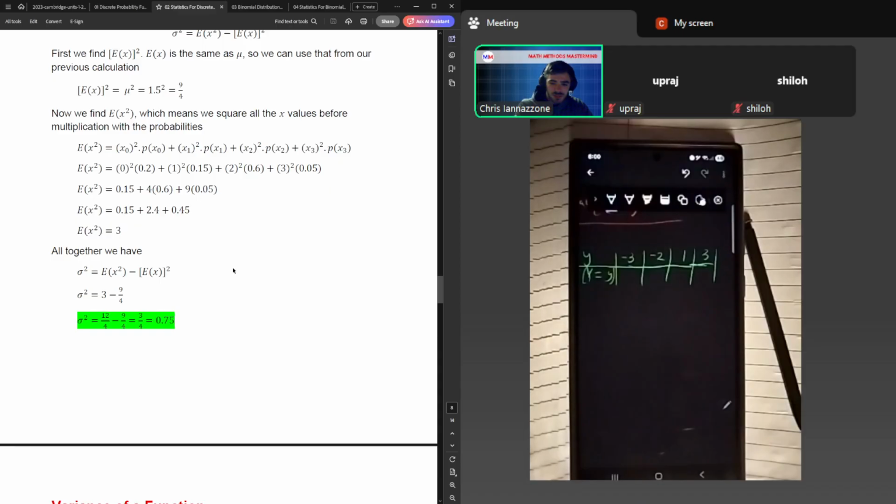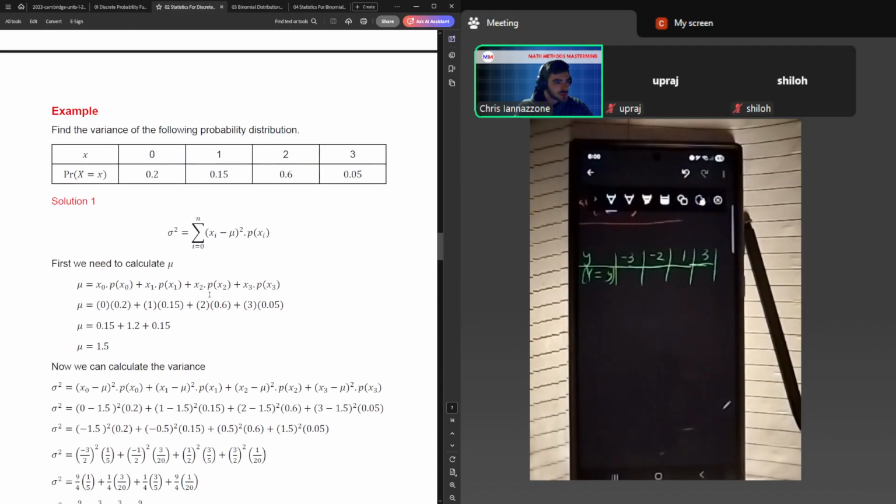Now, what this actually means, this is what's called the variance, which means it's a measure of spread, how spread out your probabilities are. This kind of probability distribution would have low variance. And the reason why is because a lot of the probability is condensed in one particular outcome, x equals 2. If it was quite equally spread out, then you would have a high variance.